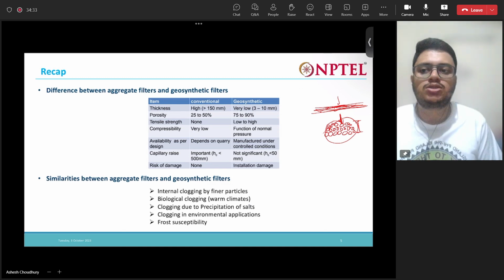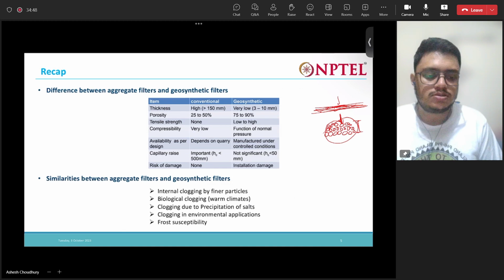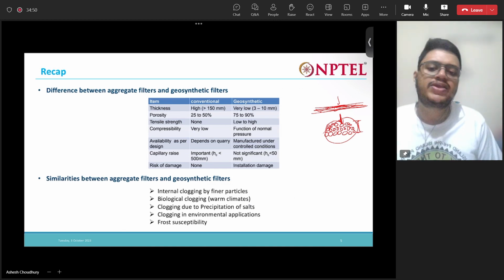You might puncture it or rupture it. So there is a certain amount of risk involved during installation. During the installation process, we need to be very careful how and in what conditions we are placing the geosynthetic.